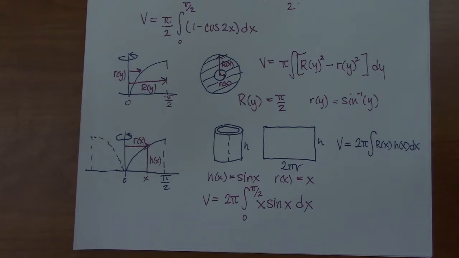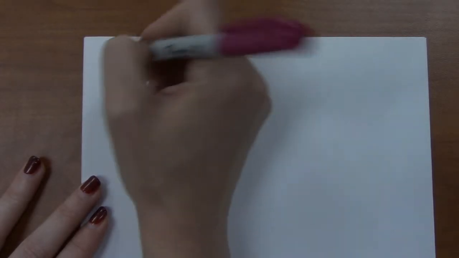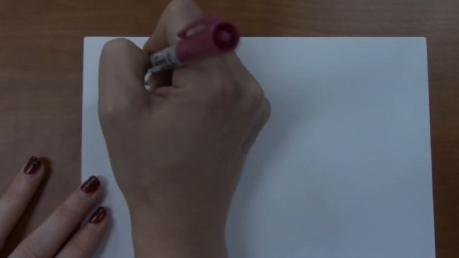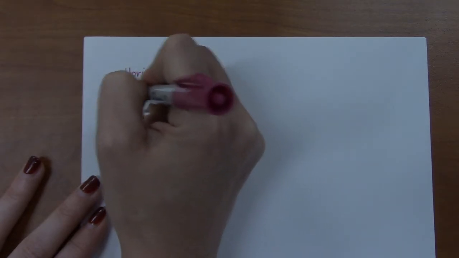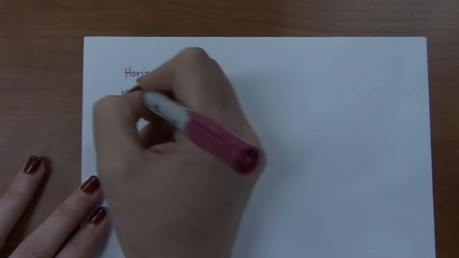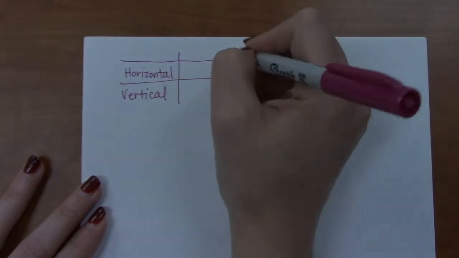There are two big things that'll drive you in the right direction. One of them, and this table's in your packet as well, is what you want to think about when you're doing disc, washer, and shell. You can either have a horizontal or a vertical axis of rotation.